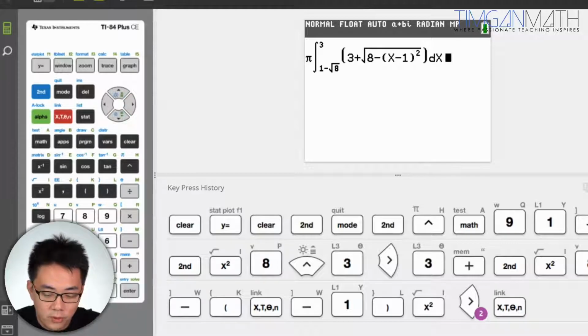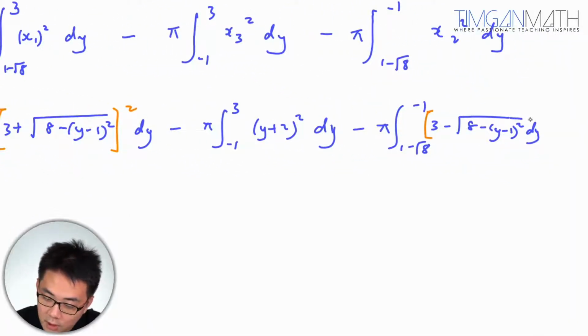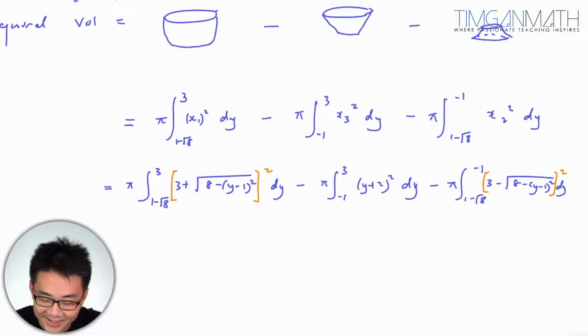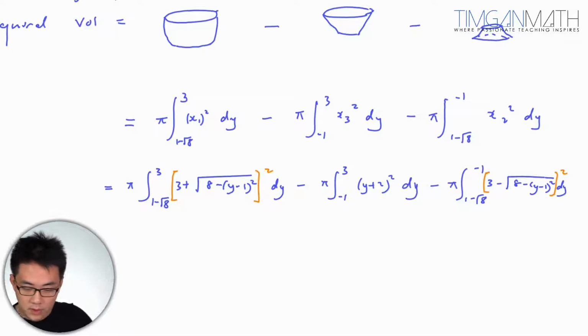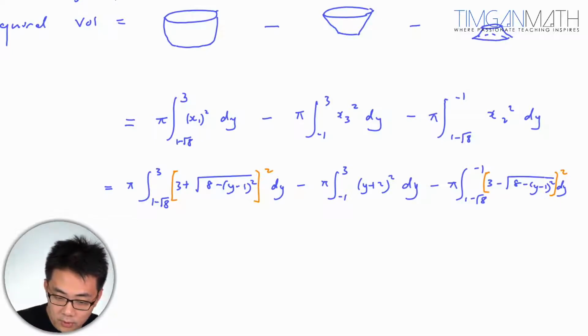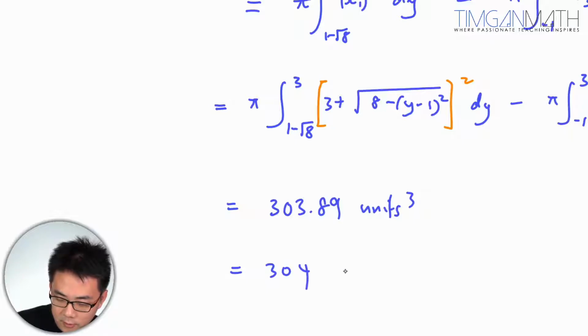Then you just move on and key in everything. I'll pause here. I realize I never squared the whole thing. Please square the whole thing. So this is the answer here: 303.89 cubic units, which is 304 cubic units.